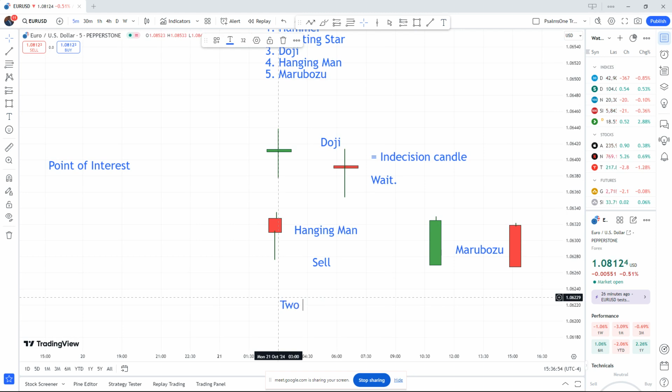Anyhow you pronounce it, that's not what we need. All we need is to make money. So Marubozu can be like this. It's like a momentum candle.